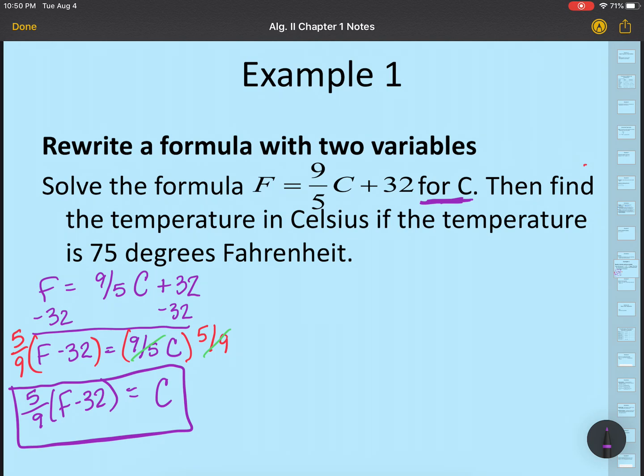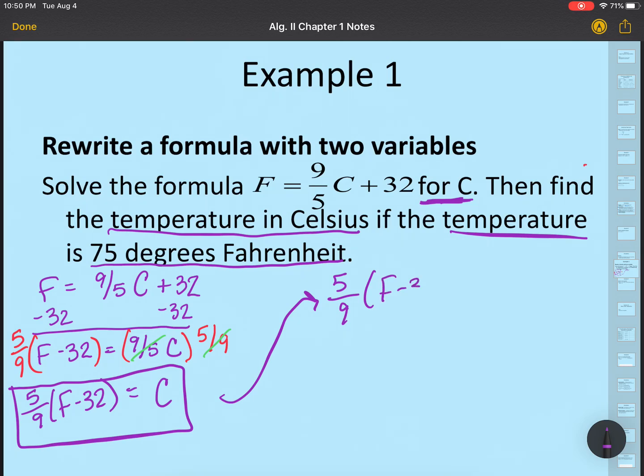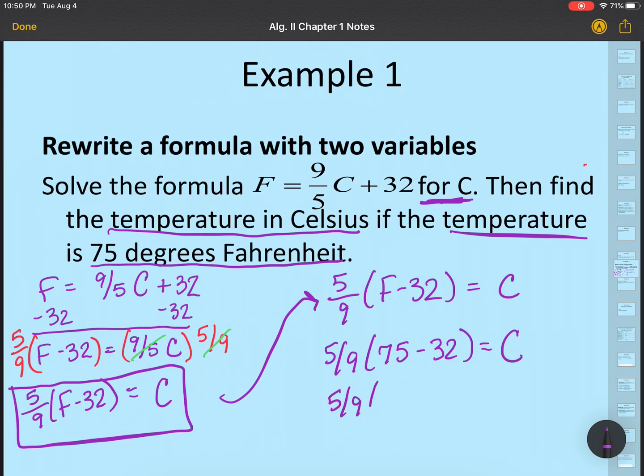Then in the second part, it says find the temperature in Celsius if the temperature is 75 degrees Fahrenheit. So I'm going to use that formula we rewrote. They tell me Fahrenheit, so I could plug that in for F. That was 75 degrees. And according to PEMDAS, I need to do my parentheses first. So I need to do 75 minus 32.